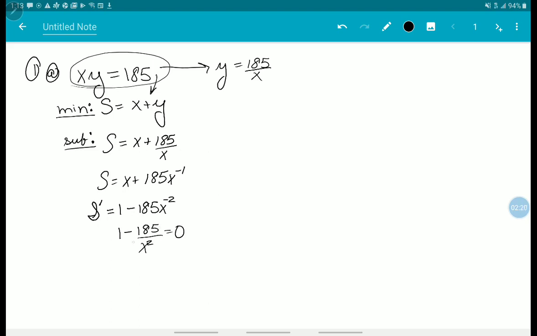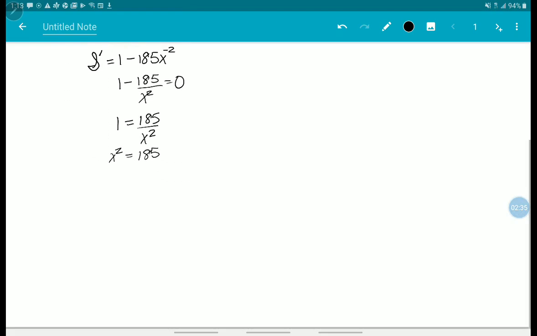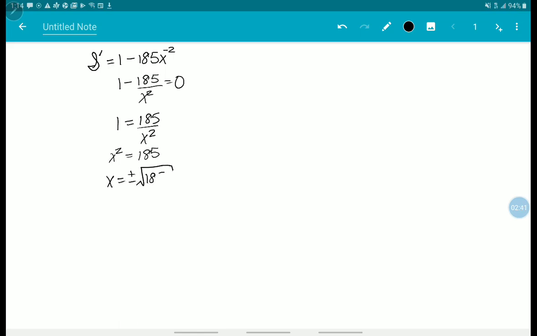So we're going to move this term to the other side by adding. So 1 equals 185 over x squared. We're going to multiply both sides by x squared, and then take the square root of both sides. So x equals plus or minus square root of 185. Now we want positive numbers, not negative, so we're only going to consider the positive square root of 185.